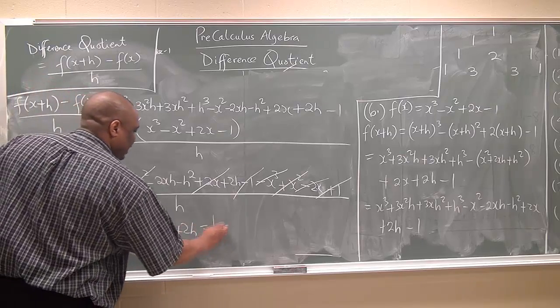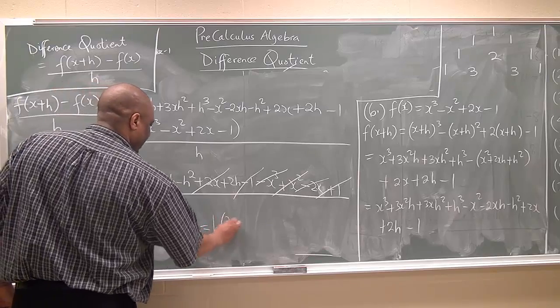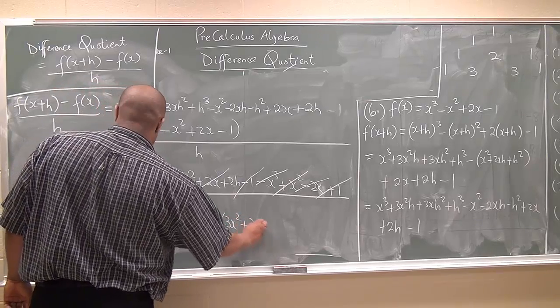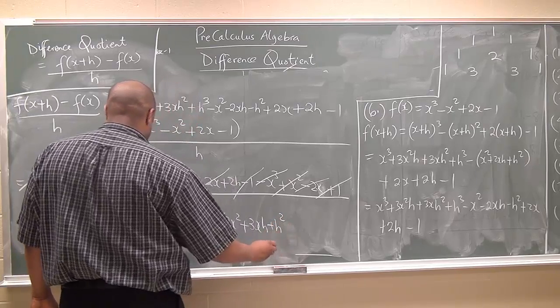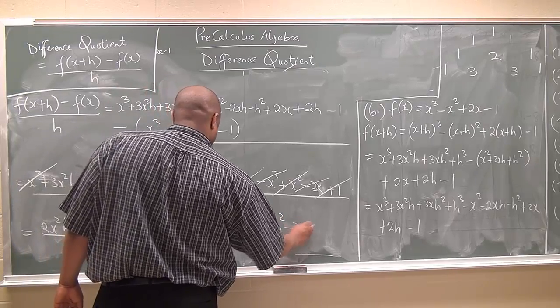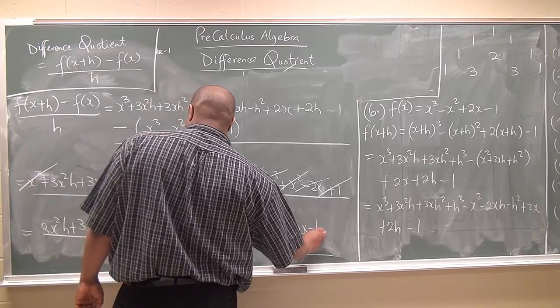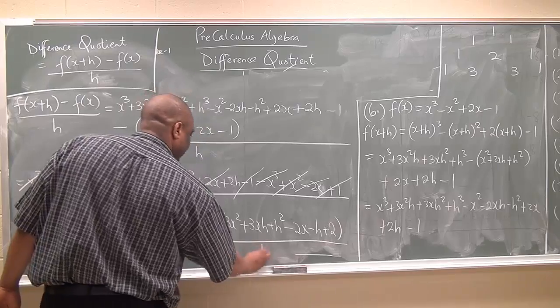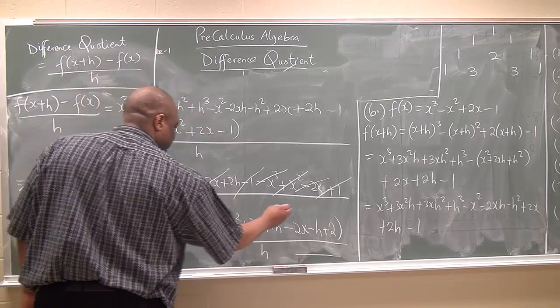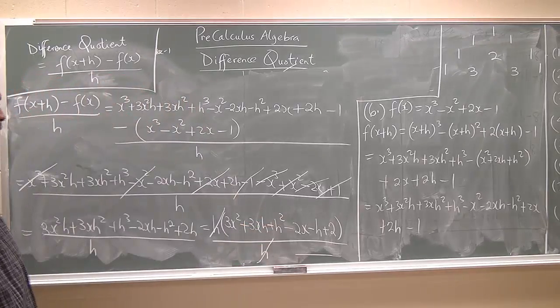So factor by GCF, h times 3x squared plus 3xh plus h squared minus 2x minus h plus 2, all over h. The h cancels h. Bam, bam, bam.